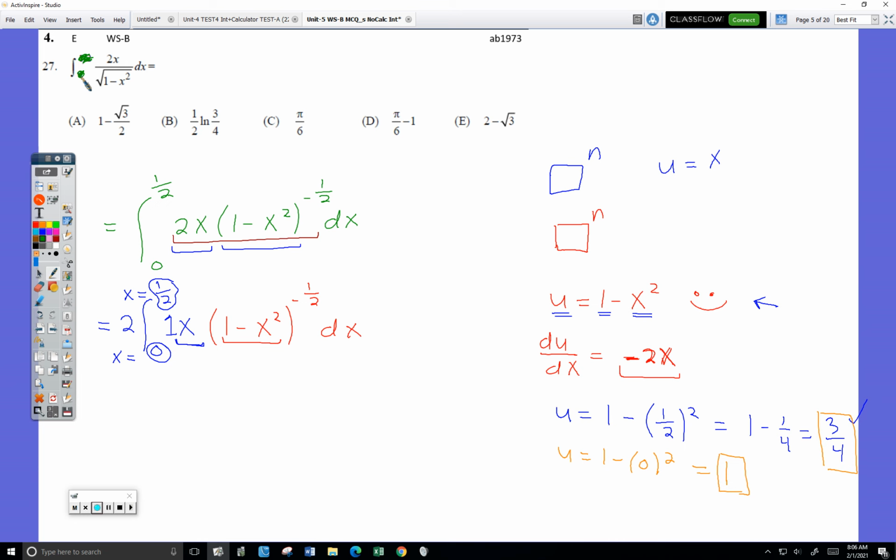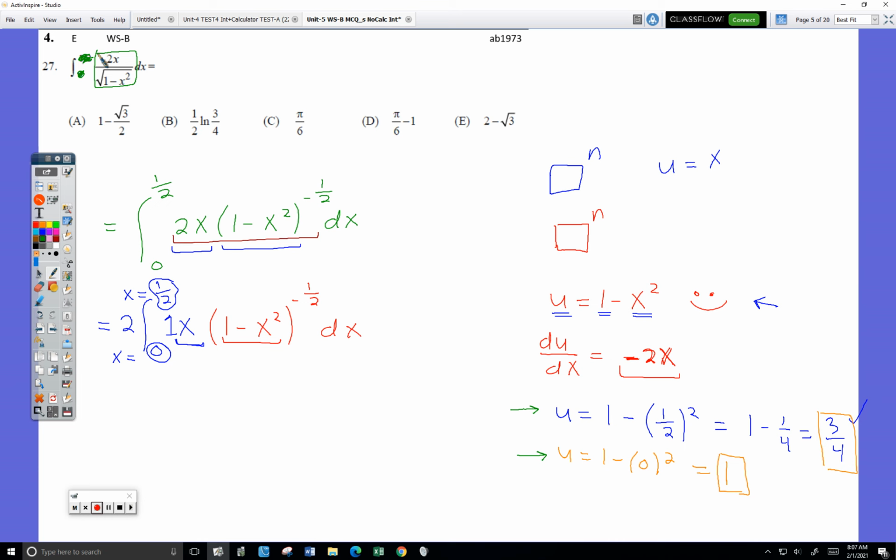On the buff sheet, we didn't have to do this because there were no limits. Now what we're doing is basically still the buff sheet. We're still trying to find the antiderivative of this. But because there are limits, we have an extra step. We've got to see how the limits change as well. Questions?